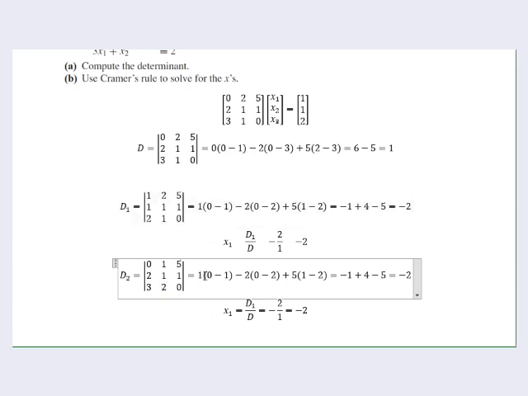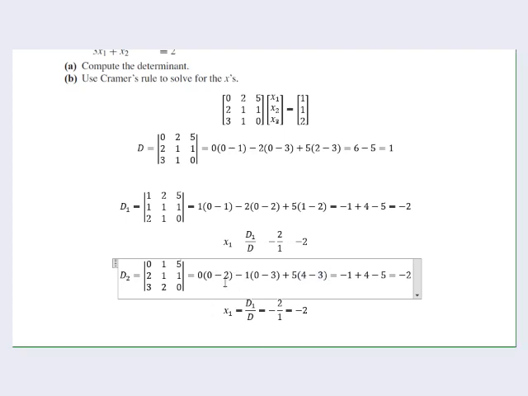So it becomes now 0 into 0 minus 2, minus 1 into 2 into 0, that's 0, minus 1 into 3, so that's 3, plus 5 into 2 into 2 is 4, minus 3.